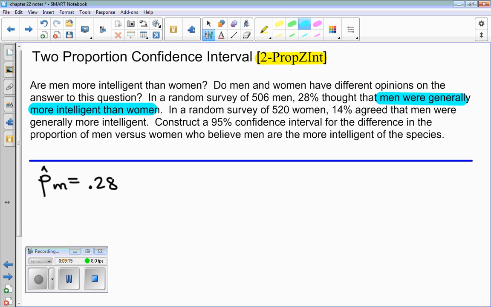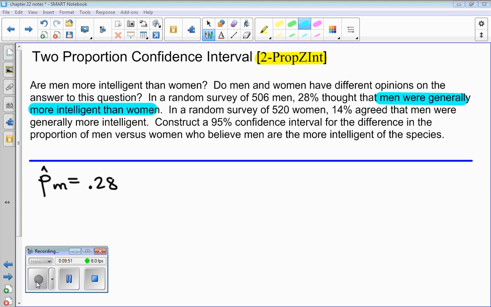That would give you the numerator of P hat if you're trying to write it as a fraction, which you can absolutely do. If you wanted to change that to a fraction, you could take 28% of 506, so 0.28 times 506.